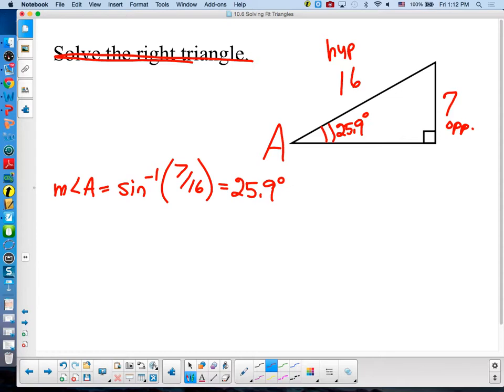Kind of confusing, it has the little XYZ and the big XYZ. Okay, what do we need to figure out on 10?